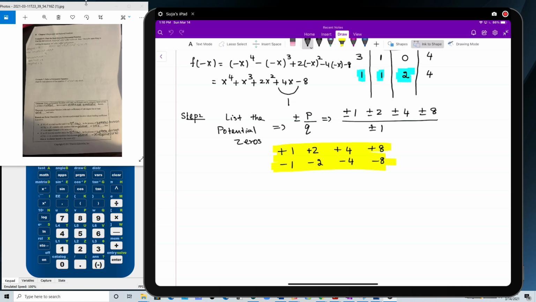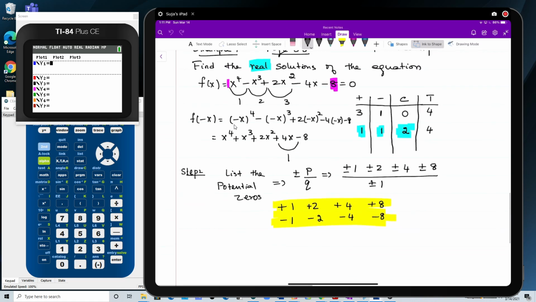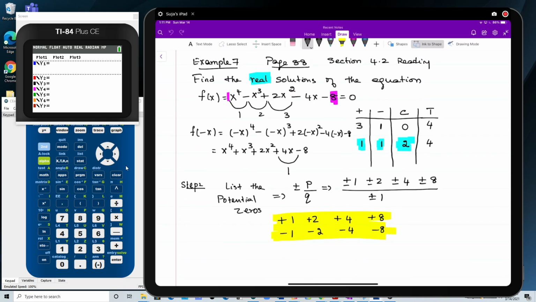We can also use the remainder theorem, but I'm going to use the calculator here and plug in the given function: x to the power of 4 minus x cubed plus 2x squared minus 4x minus 8.